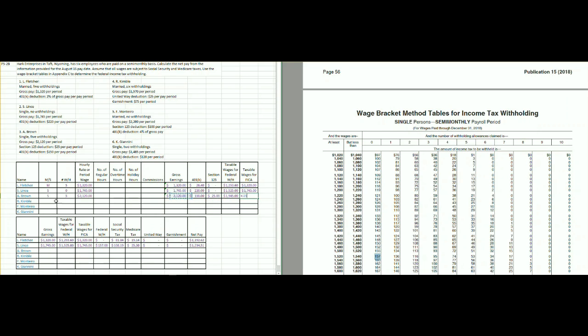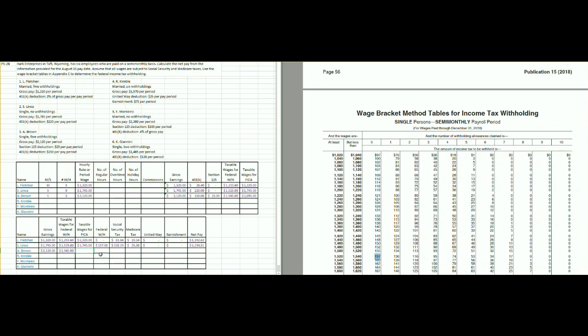Taxable wages for FICA are going to be gross earnings less Section 125, as 401k plans are not deductible for FICA taxes. So gross earnings on the lower table have not changed, so we have $2,120. Taxable for federal equals $1,945.